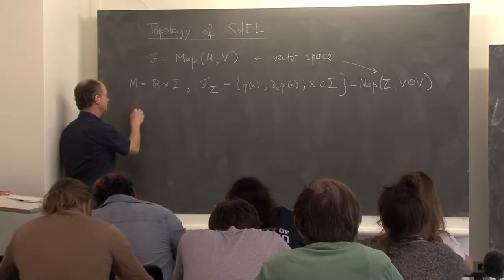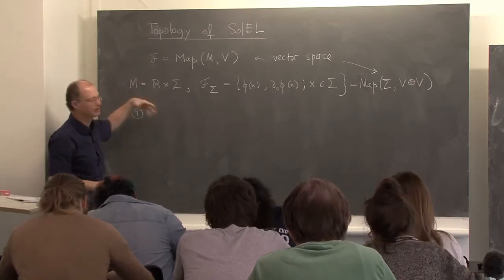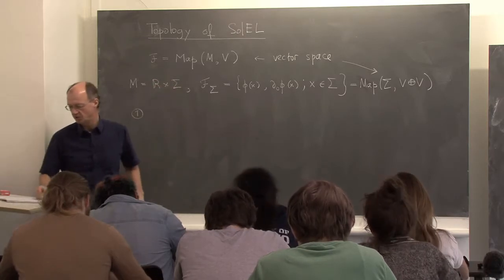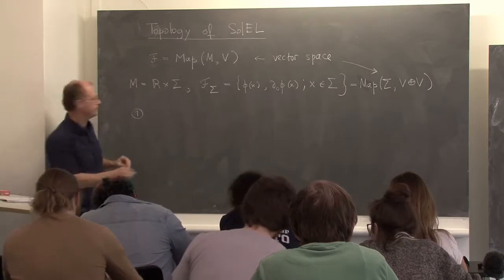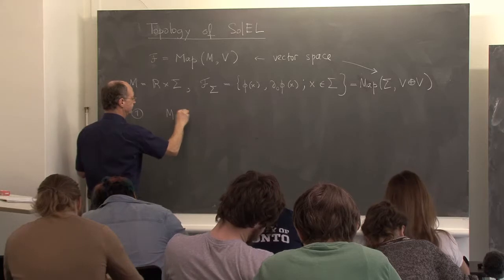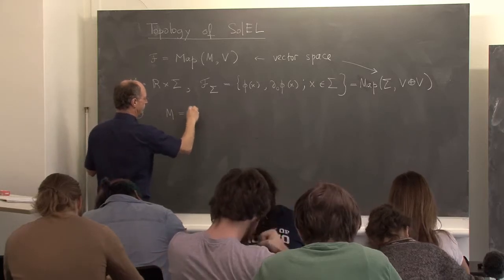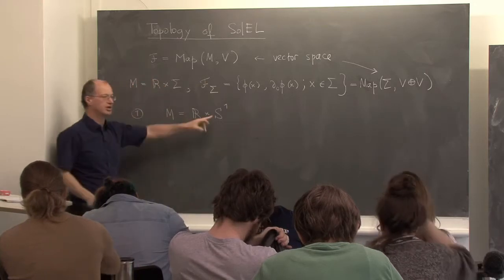So let me start with an example that we know very well, and let me introduce more topological considerations there. Let's consider a scalar field on R times a circle.